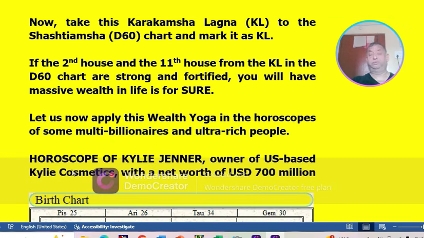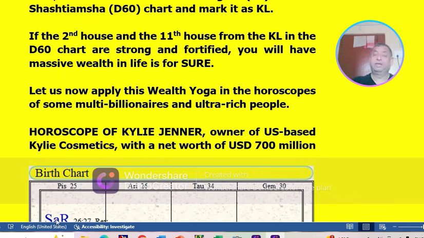If the second house and the 11th house from the Karakamsha Lagna, means KL, in the D60 chart are strong and fortified, you will have massive wealth in life for sure. Let us now apply this wealth yoga in the horoscopes of some multi-billionaires and ultra-rich people.